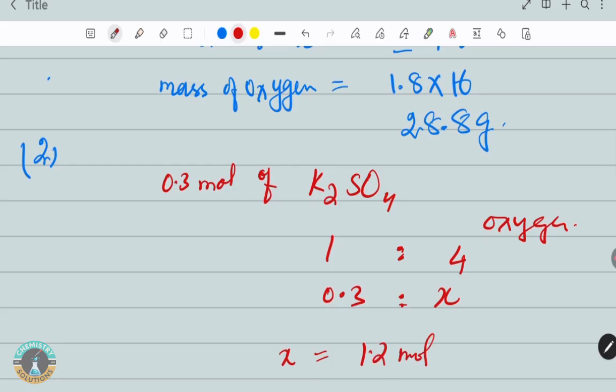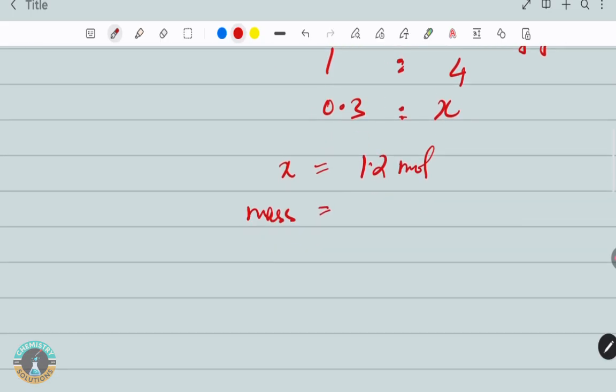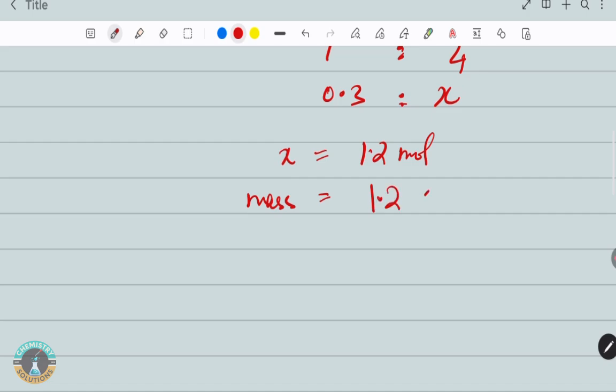To calculate the mass, we multiply 1.2 by 16, which is 19.2 gram.